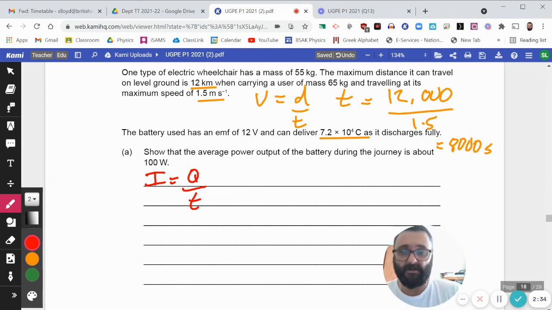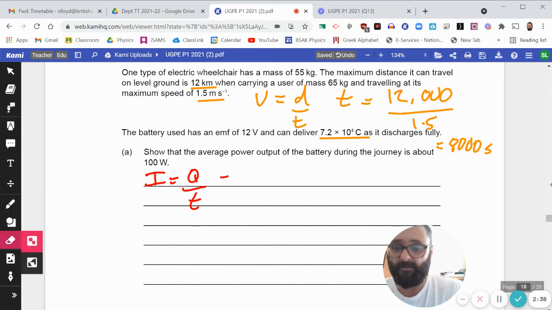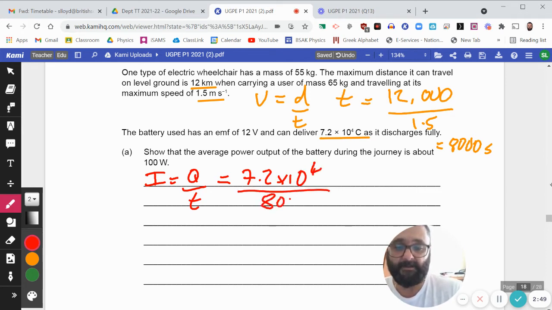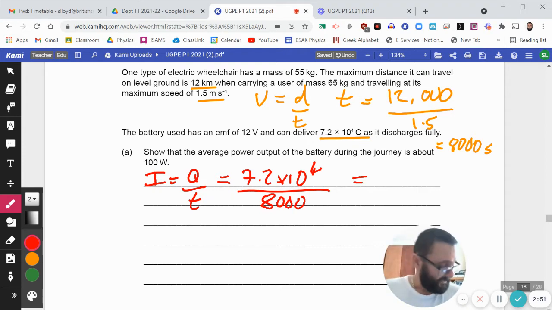So we've got the charge, which is 7.2 times 10 to the 4 coulombs, divided by 8,000. That's given us a constant current. We're going to assume a constant current from the battery of 9 amps.